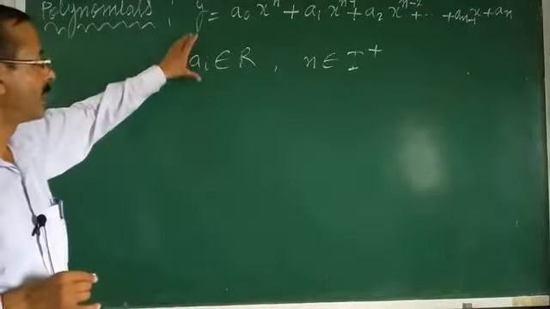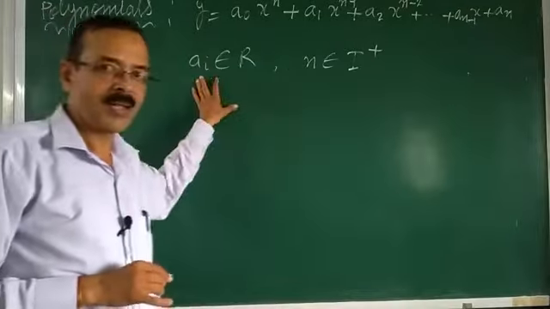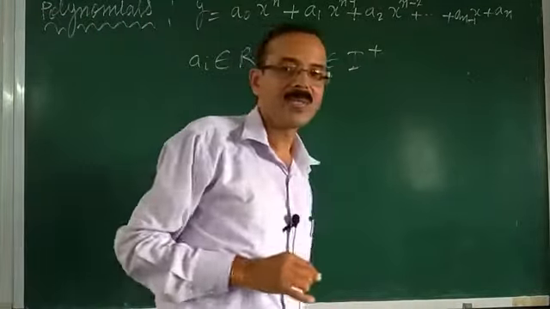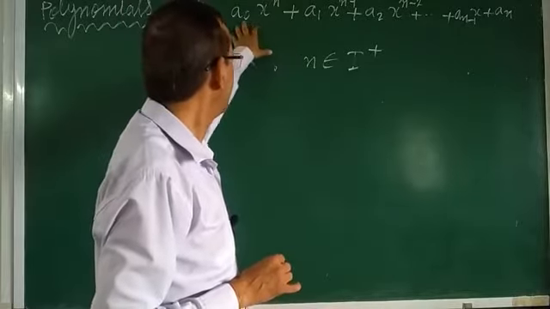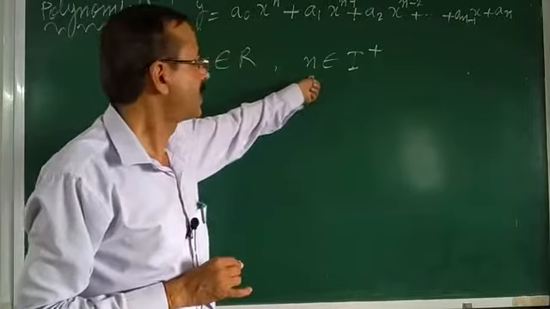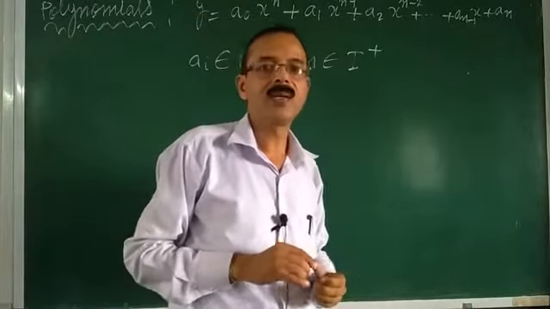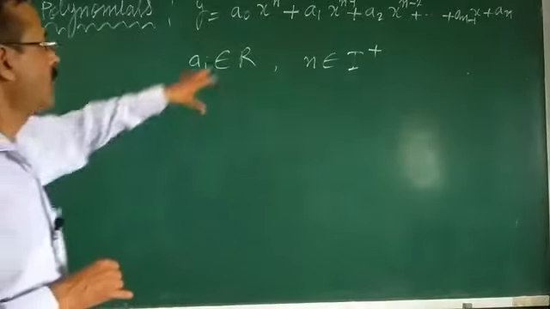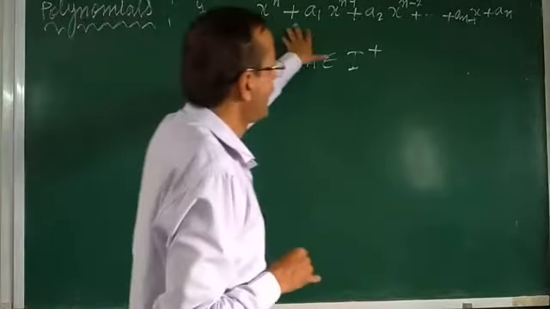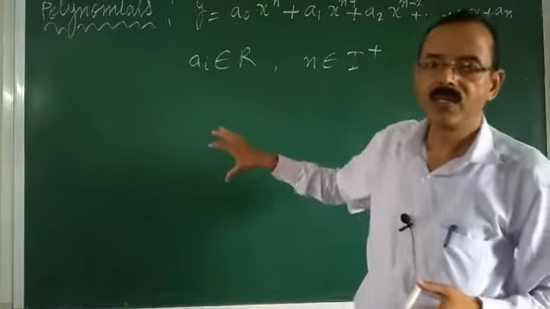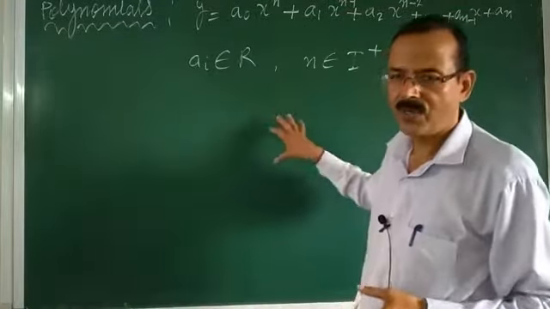That means a1, a2, a3, the coefficients of these terms, should be real numbers, and n, the degree, should be a positive integer. Now this polynomial can be of degree n, 2, 5, 3, 4, whatever.